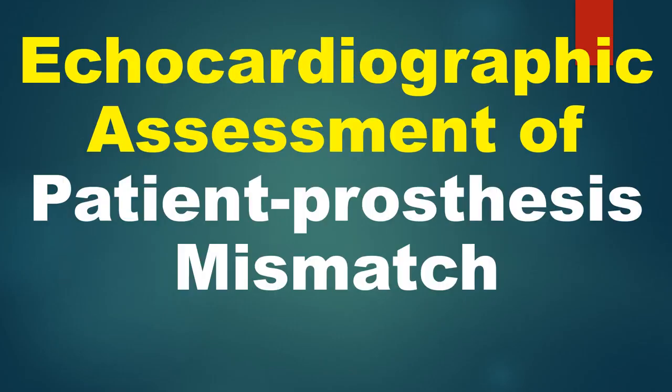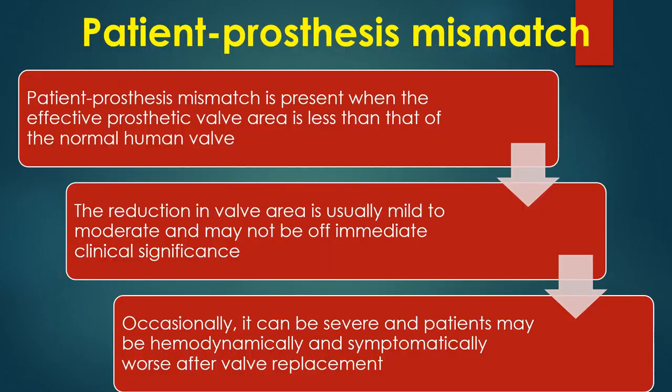Discussion on echocardiographic assessment of patient prosthesis mismatch. Patient prosthesis mismatch is present when the effective prosthetic valve area is less than that of the normal human valve. The reduction in valve area is usually mild to moderate and may not be of immediate clinical significance.